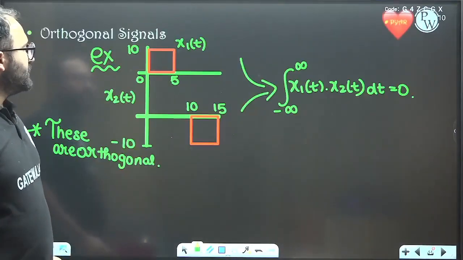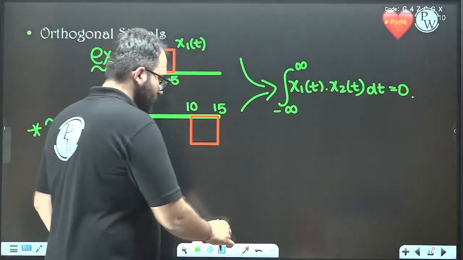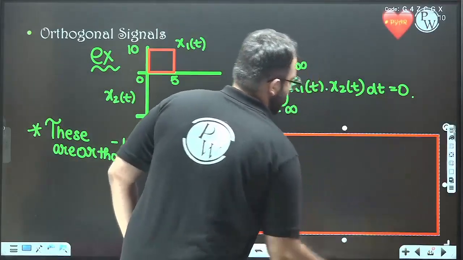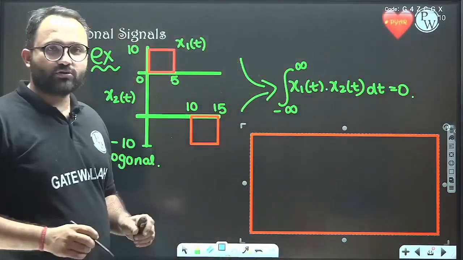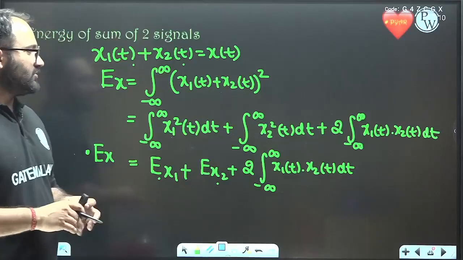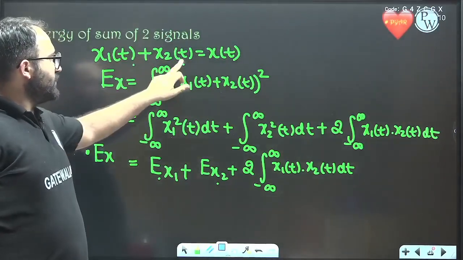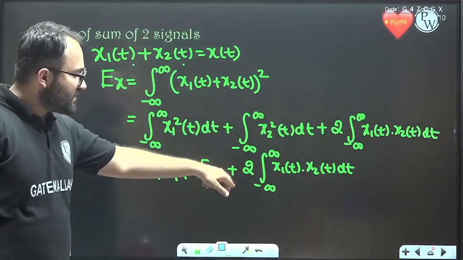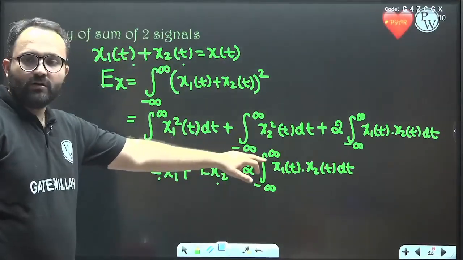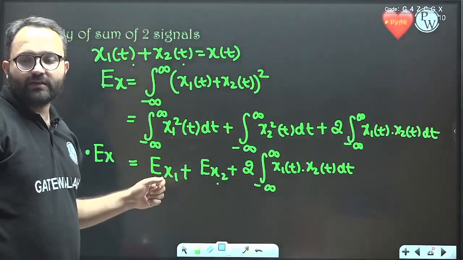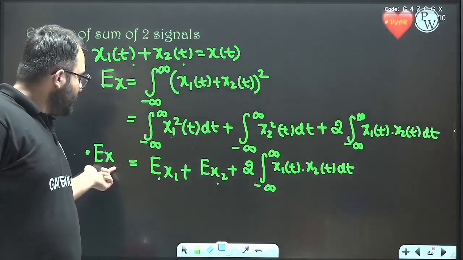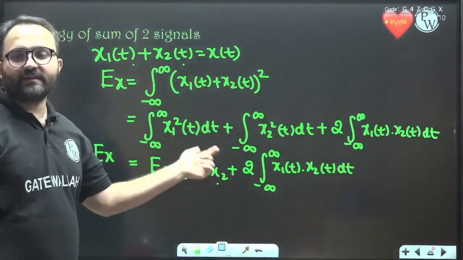Now one more very important point. If we come back to this slide, we can see that if x1 and x2 are orthogonal, then this third term will be 0. We can write that the energy of x is equal to the energy of x1 plus the energy of x2.